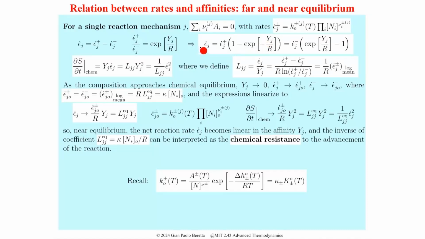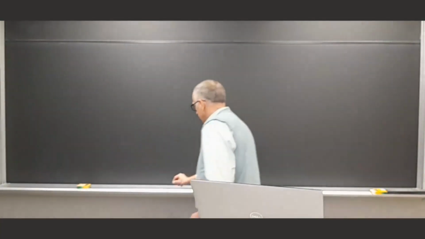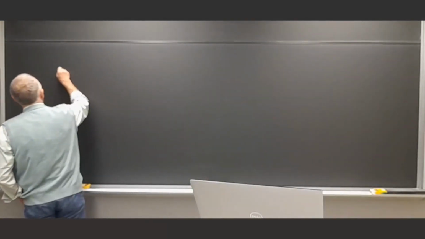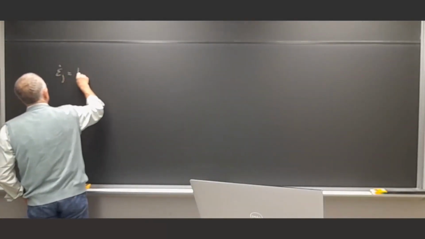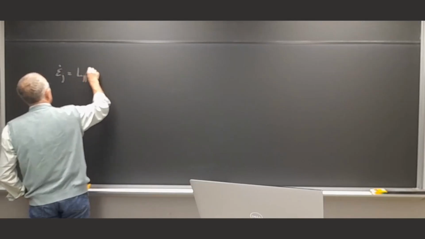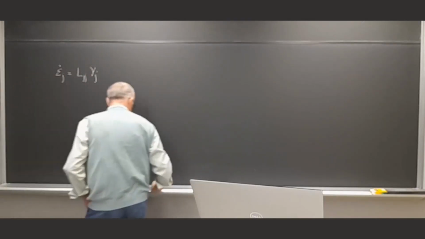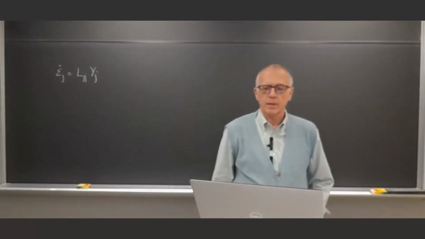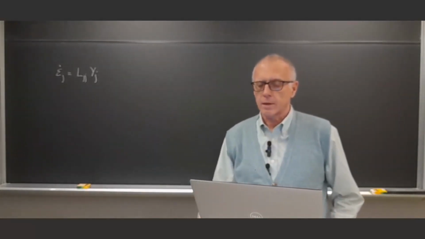You can also do the following. You can divide the reaction rate by the affinity of that reaction. And therefore, this would look like, and if I write epsilon dot j equals L jj yj, it looks like a linear relation.